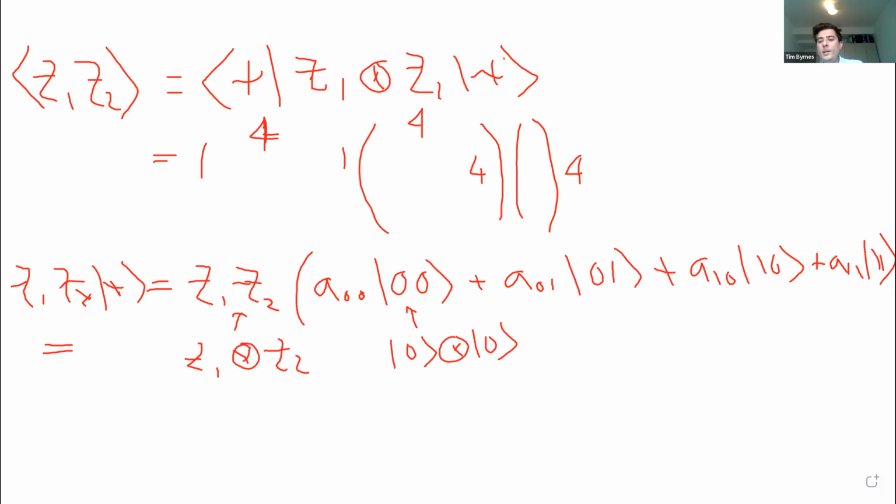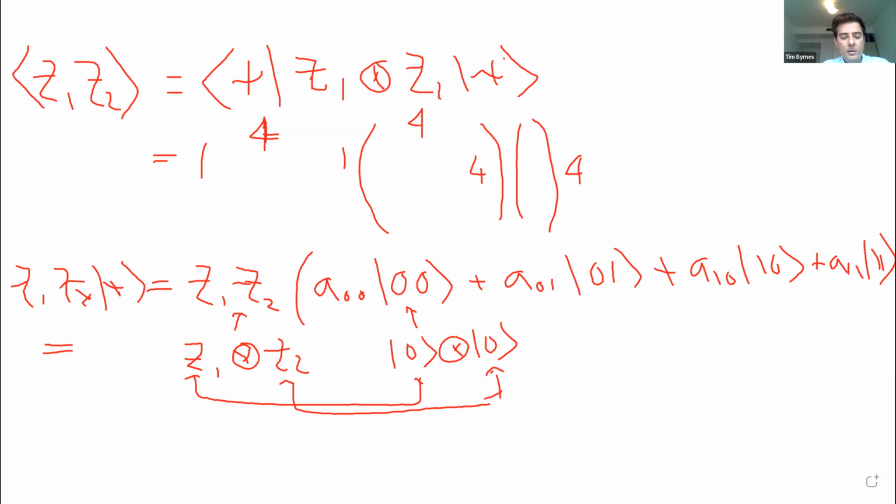The rule with these tensor products is that Alice's operators only operate on Alice's states, and Bob's operators only operate on Bob's states. So all you do is apply these things in parallel.